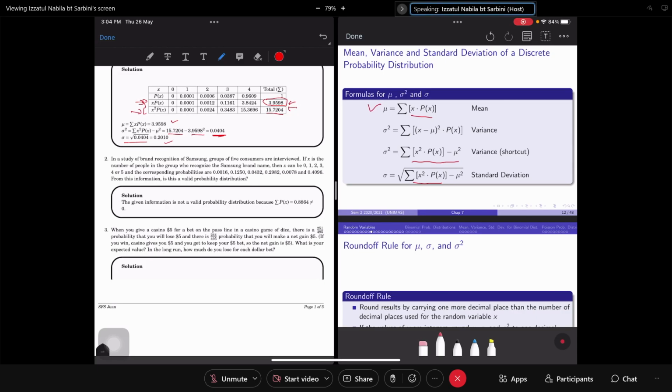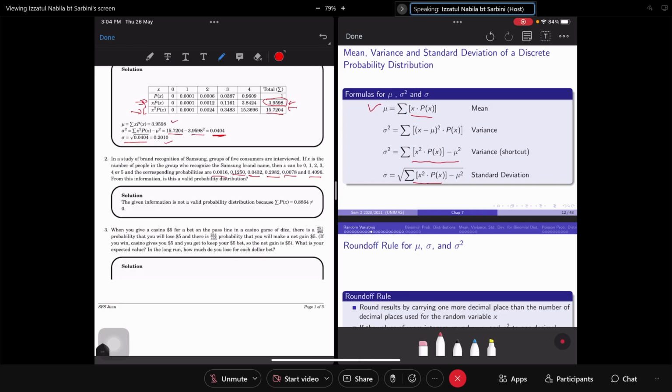If X is the number of people in the group who recognize the Samsung brand name, then X can be 0, 1, 2, 3. 0 means none of the people recognize the Samsung brand, 1 means only one person recognizes it, 2 means 2 people, 3 means 3 people, and so on, up to 5. The probabilities given are 0.0016, 0.125, 0.0532, and so on. These are all the probabilities for all x.